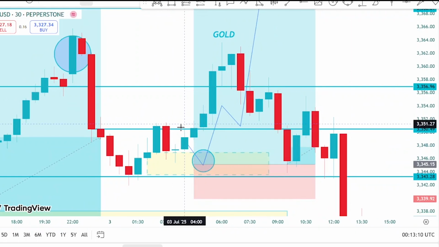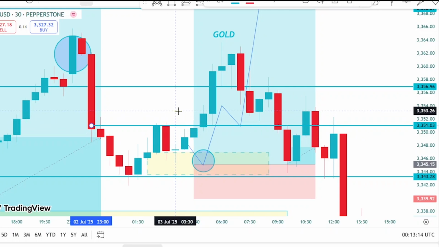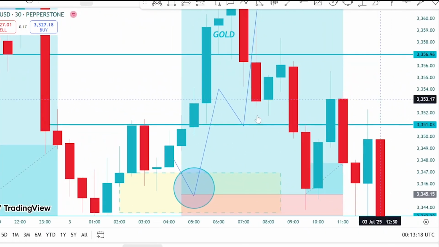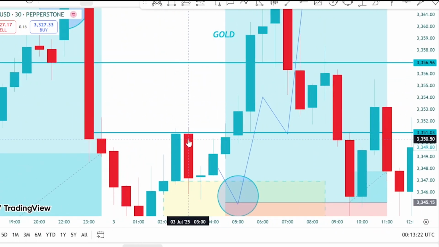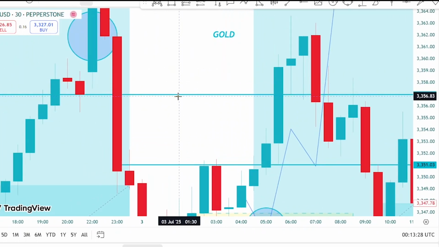Also, we got a TP1 because with this kind of high, there is a high probability that the market will also be rejecting from this area. That's why we have to secure some profit from this area. So this is the TP2. That's where we had an opportunity to secure a profit.